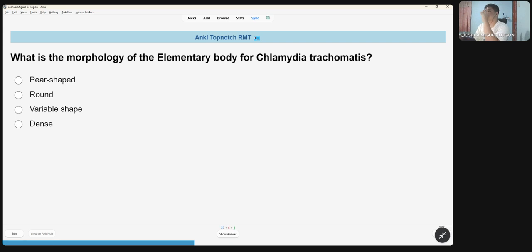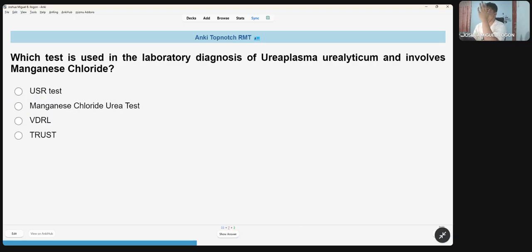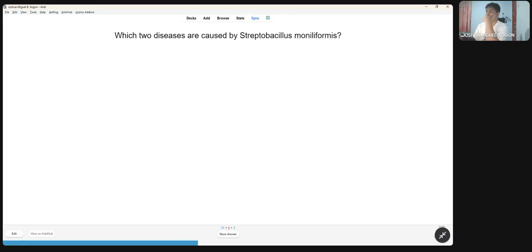Elementary body. Trachomatis is round, variable shape. It's your sitaki. Chlamydia pneumoniae: round and dense, pear-shaped. No, that was not round pala. Round, round. Okay. Ureaplasma urealyticum, that's your manganese chloride urea test.